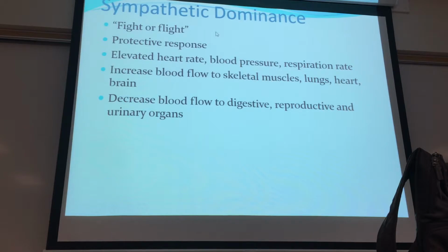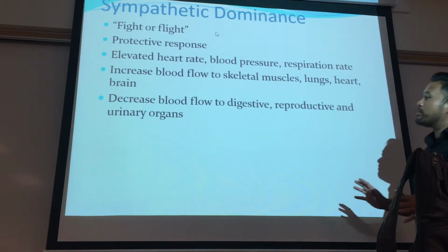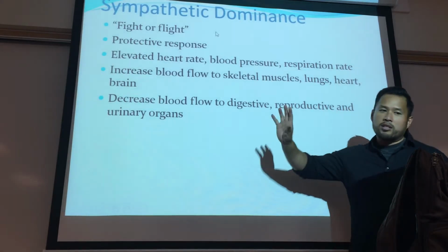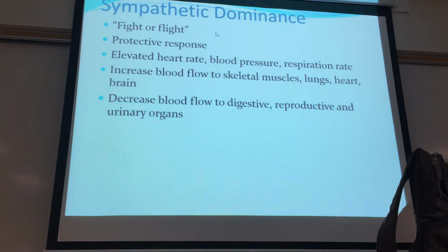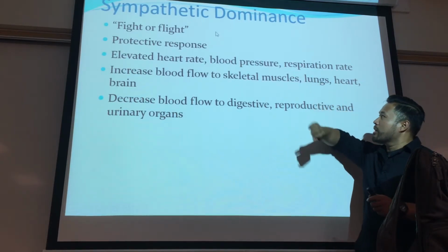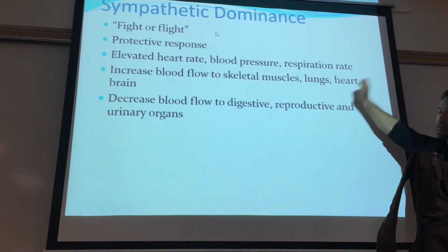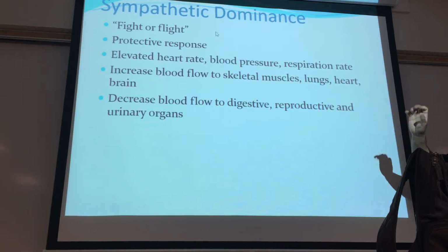So what is exactly happening in the sympathetic response is that you want to allocate more of your blood, more of the glucose, and send more oxygen over to muscles. You want to pull away excess CO2 because the critical organs, your skeletal muscle, lungs, heart, and brain are going to be working more.